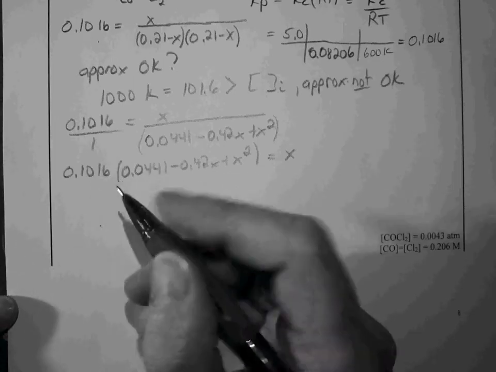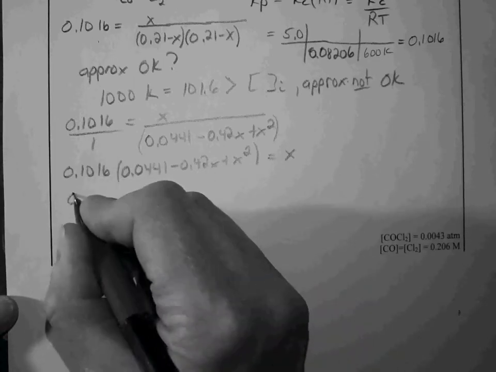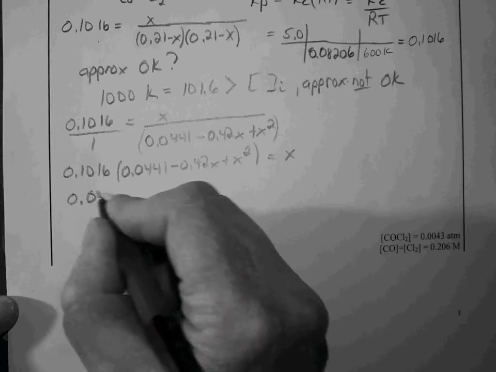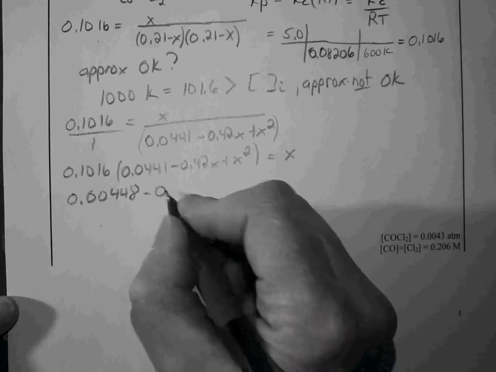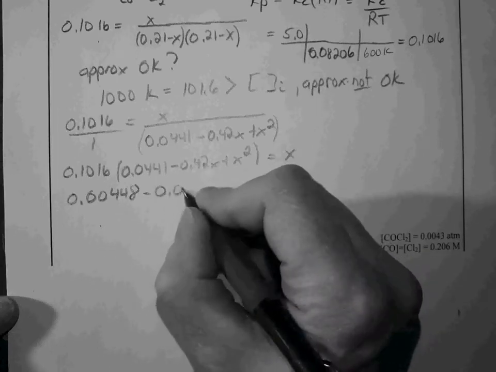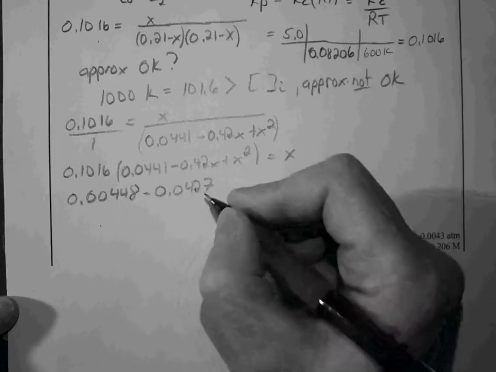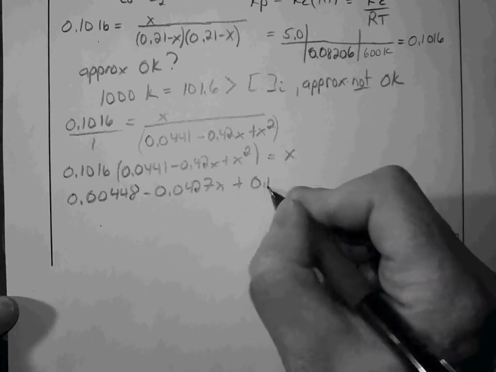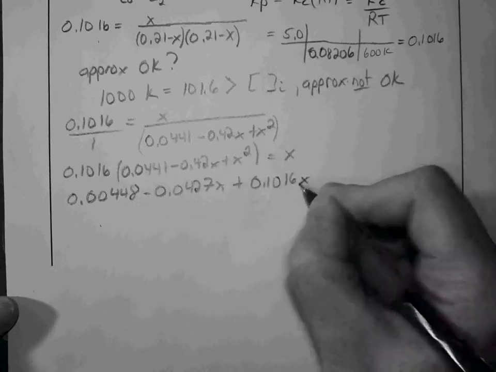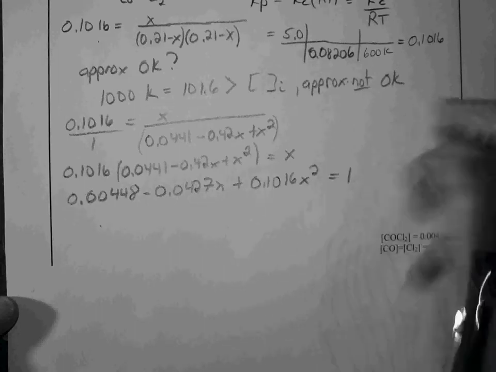Alright, so we do that. We have 0.00448 minus 0.0427 times x plus 0.1016 times x squared is equal to x.